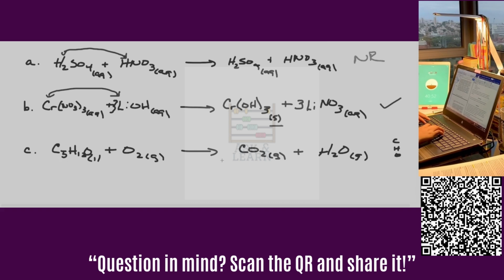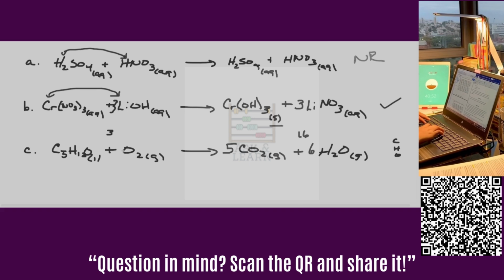There's 5 carbons on the left, so we should put 5 carbons on the right. 12 hydrogens on the left. 6 times 2 is 12 hydrogens on the right. There are 1 plus 2, or 3, oxygens on the left. There's 5 times 2, or 10, plus 6, 16 oxygens on the right.